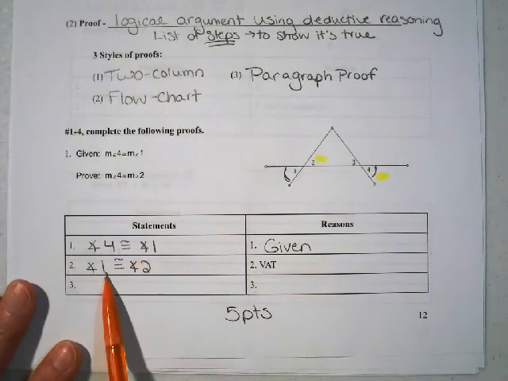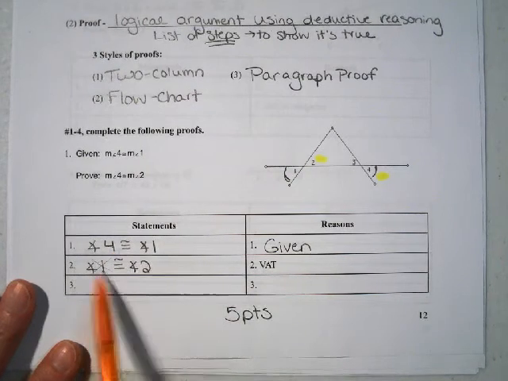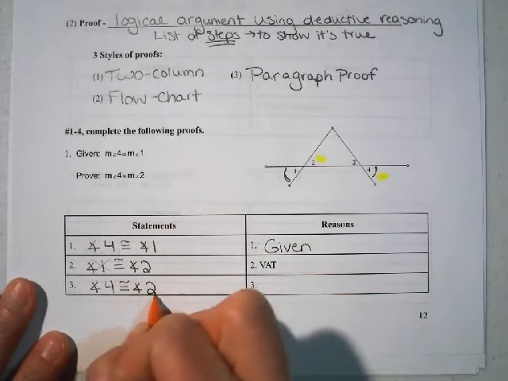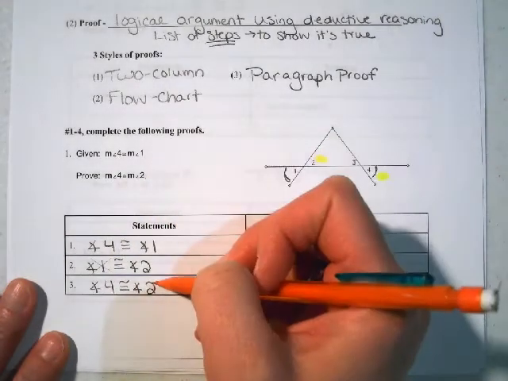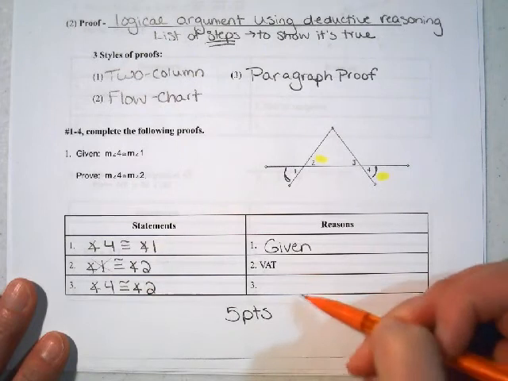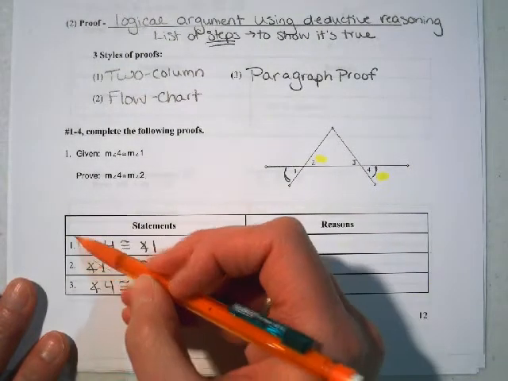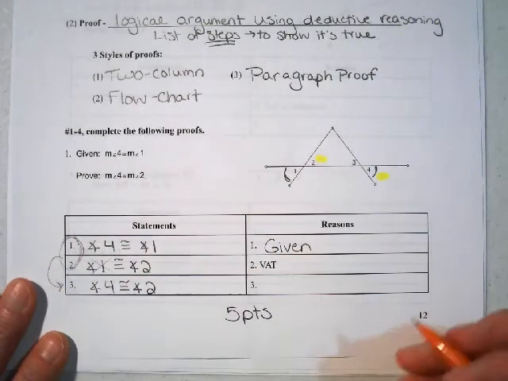So notice, do you see how the 1 is repeating? So basically what you're going to do is you're going to take this out and you're going to replace it with a 4. So this is going to become 4 is congruent to 2. Look up at your prove statement. That's what you wanted. But we're not allowed to put prove here. So we have to say, well, how did we combine the 2 steps?